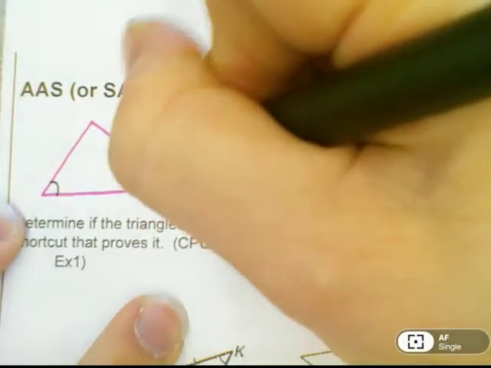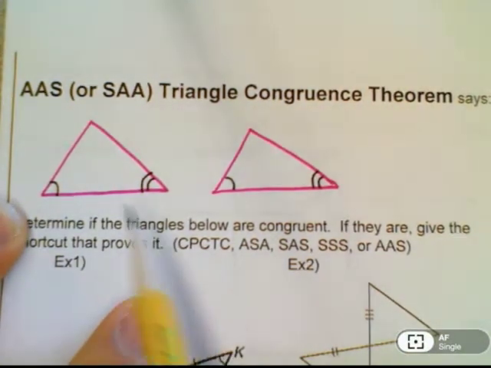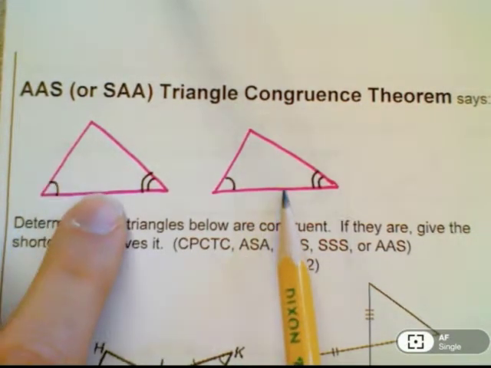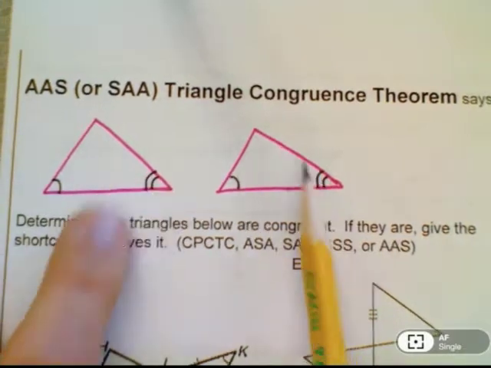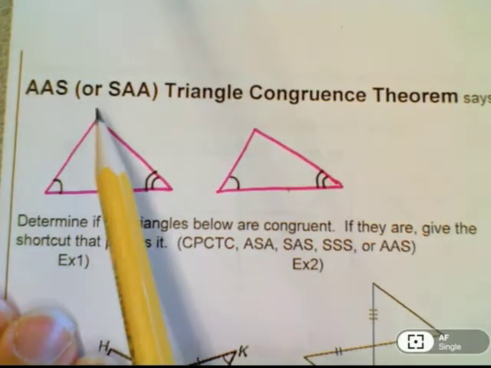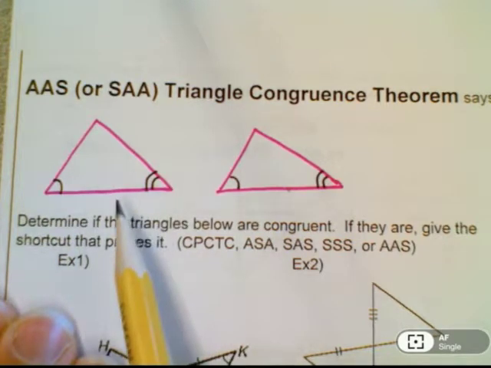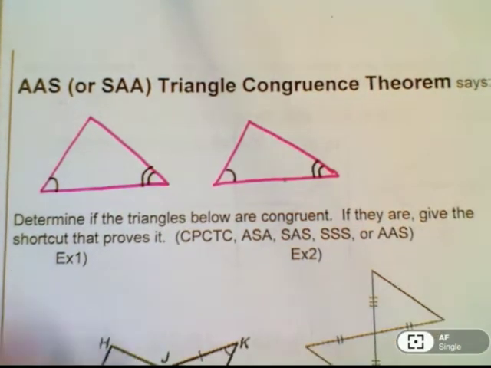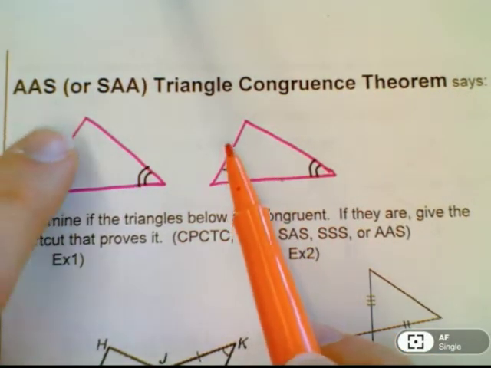So maybe these angles are congruent and maybe these angles are congruent. And we already know that if the side between them is congruent, the triangles are congruent. And that would be by the shortcut angle side angle, ASA. But this one means that the side that we know about is not between them. It's some other side.